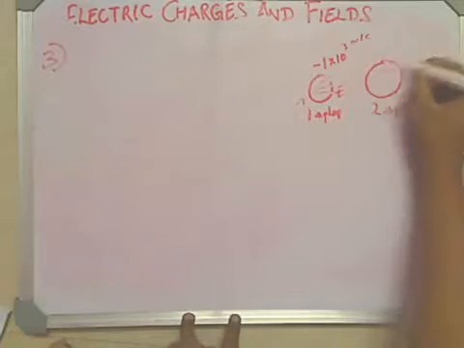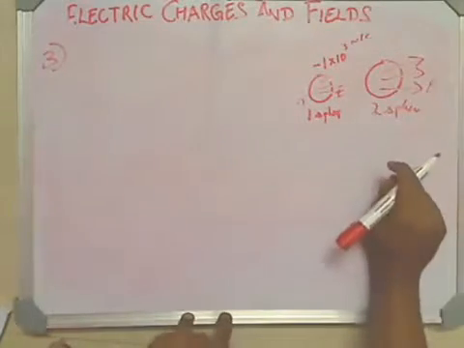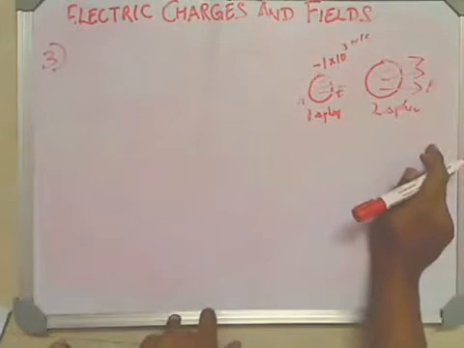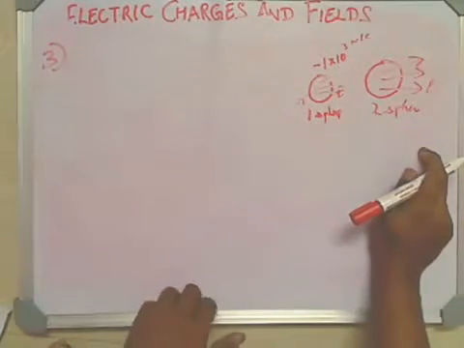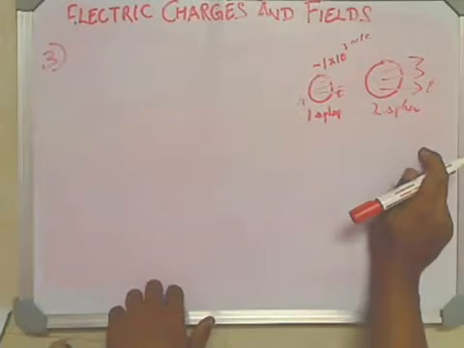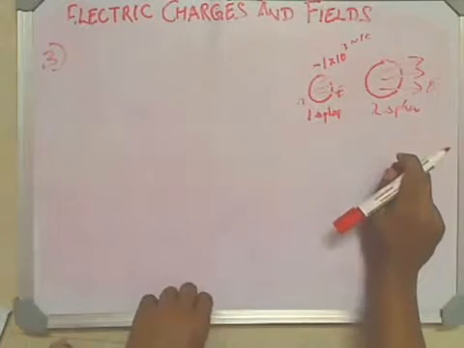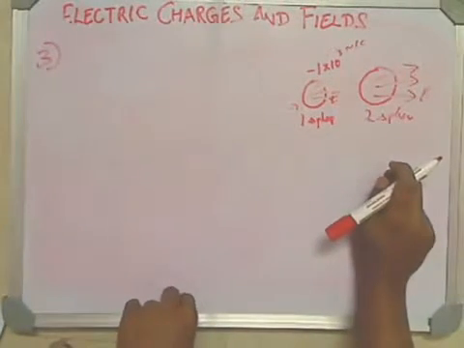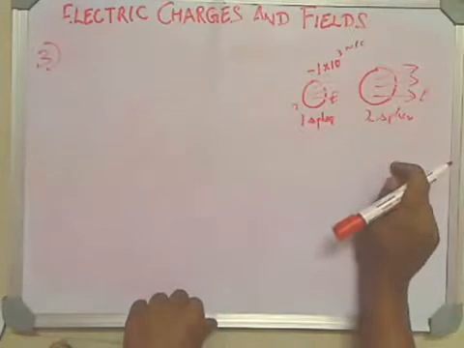Now, this is actually a bit of a trick question, because if the radius of the sphere is doubled, the intensity of the field doesn't increase. The reason I say that is because if you remember the theory I mentioned a few minutes back, the electric field strength depends on the type of charge.